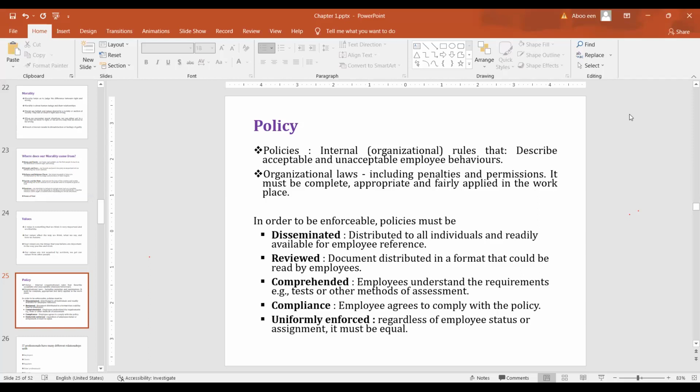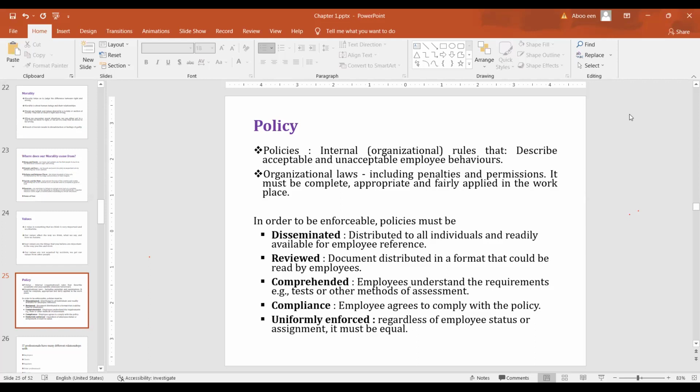Reviewed means the policies cannot be hidden inside the organization. They must be visible, and all employees can review them, made available as a document that employees can easily get and understand, whether a hard copy or an online resource.